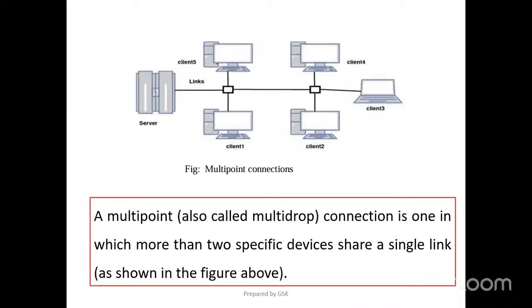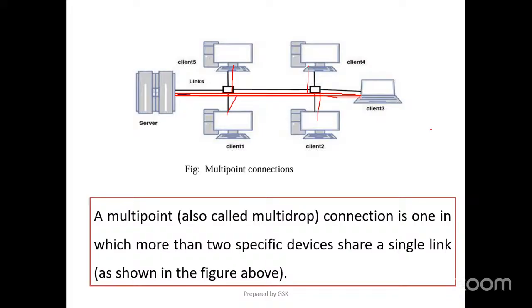Next one is multi-point connection, or multi-point configuration. By seeing this image, you can understand the topic. See this? There is no dedicated link maintained between the devices. Rather, there is one link, let us assume from the server to client 3, and for this link, several systems are connected.